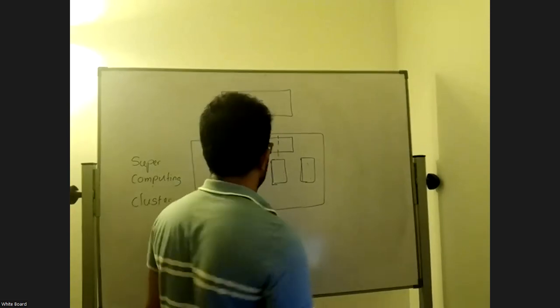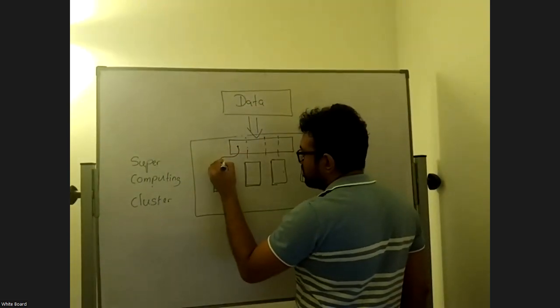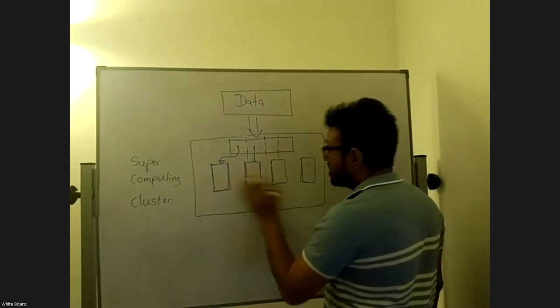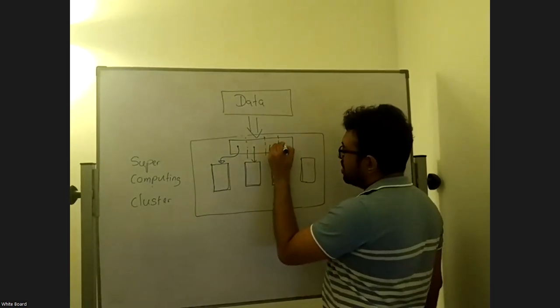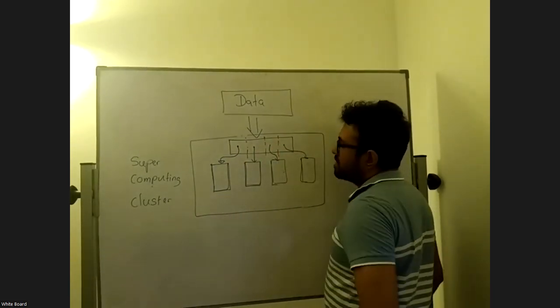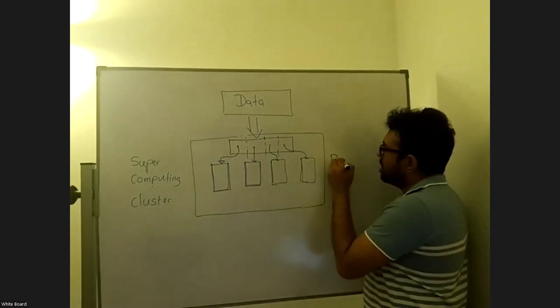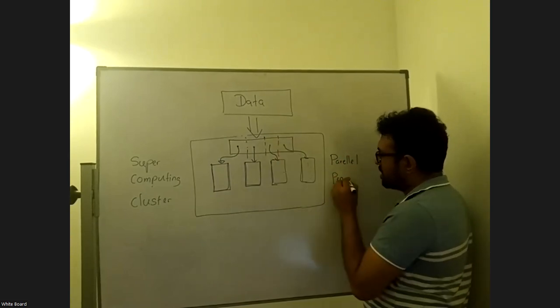So this data is going to go into this computer unit. This might go into this. අපි කියන්නේ මෙතන හතරයි තියෙන්නේ, ඊට වඩා තියෙනවනේ. So this will go into this and this will go into this. And it will start processing parallelly. So we call it parallel processing. සමාන්තර, එකම වෙලාවේ data ටික process කරනවා.